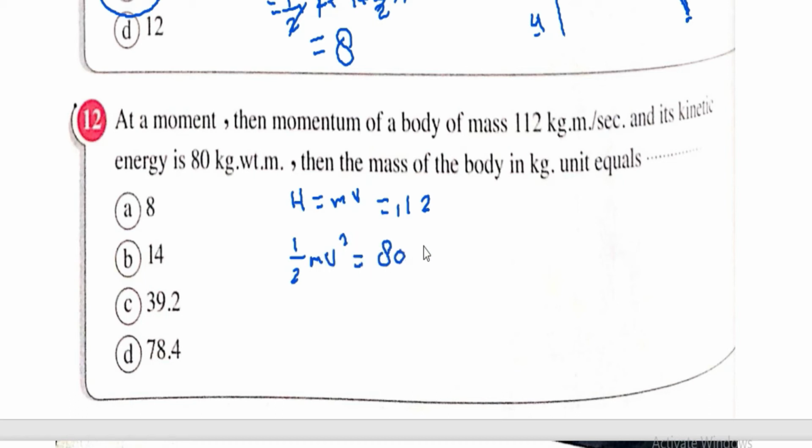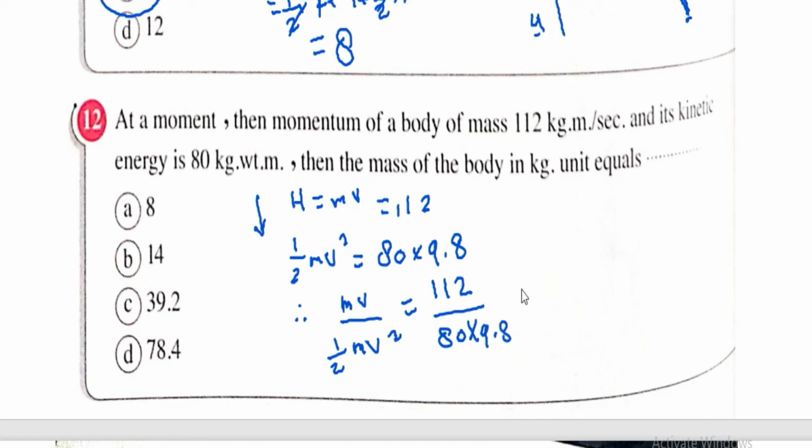Dividing, half mv square over mv equals 80 times 9.8 divided by 112. Therefore, canceling m with m, v over 2 equals 7, therefore v equals 14.